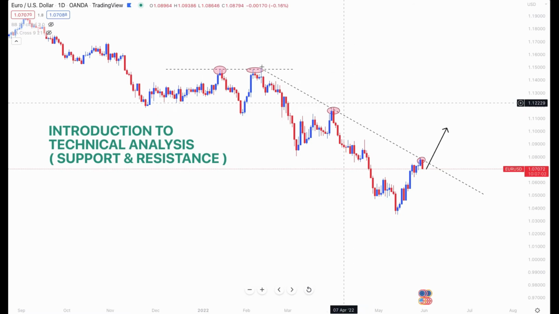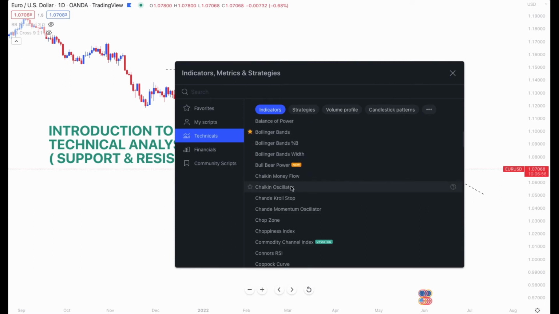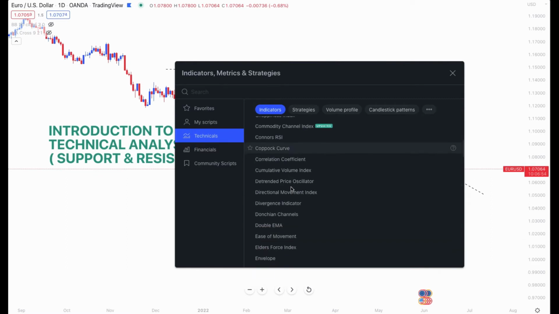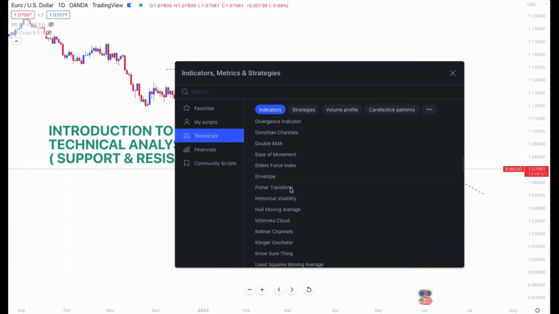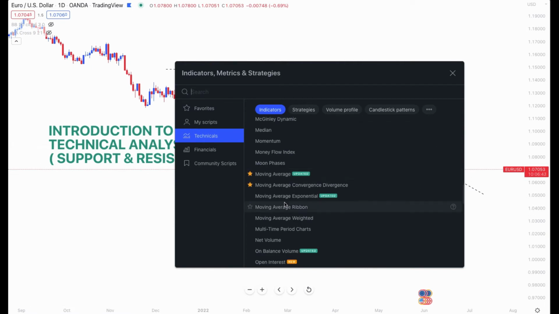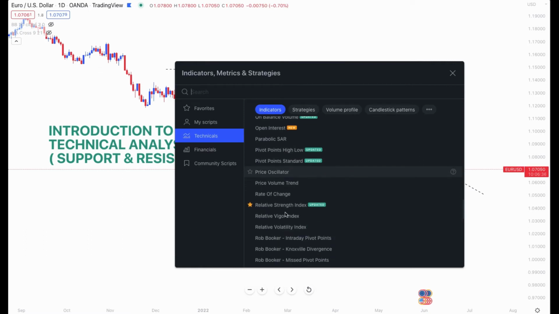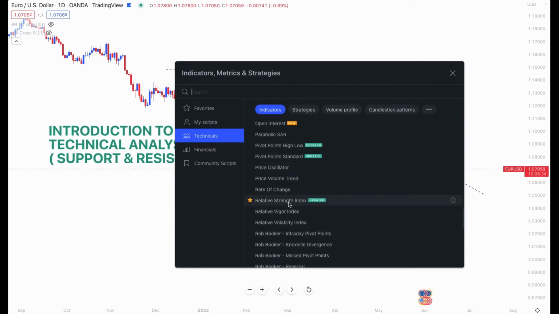Now, if you use TradingView, you know that there are hundreds, if not thousands, of indicators that traders like to use that all show different things on a chart. And traders will use these with their strategies to help show them when to enter or exit a position. So for example, guys, I'm not going to be going through every single indicator and how they work because there are plenty. We would be here till next year.